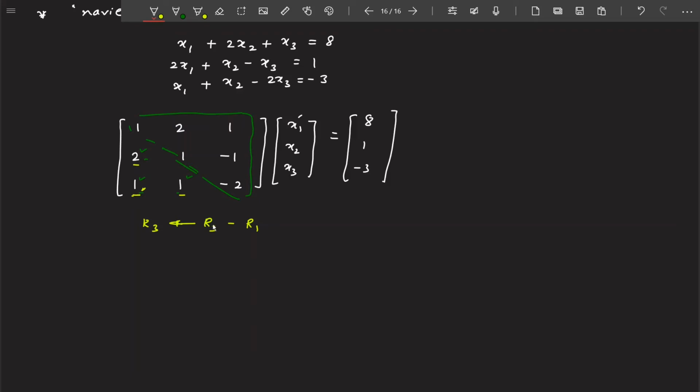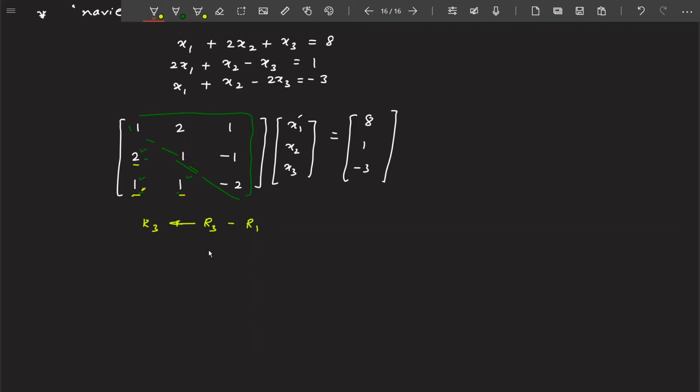Did you understand what I'm saying? I want to make this element 0, so I'll subtract this row R1, and I'll replace the row R3 by the value that I am getting. I hope that is simple.